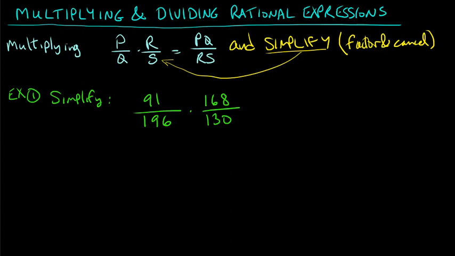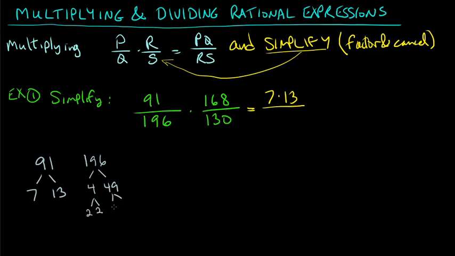So for example, 91 is just 7 times 13. And 196, the first denominator, is, well, let's see, you can do 4 times 49. And 4 is 2 times 2, 49 is 7 times 7. So the first denominator is 2 times 2 times 7 times 7.